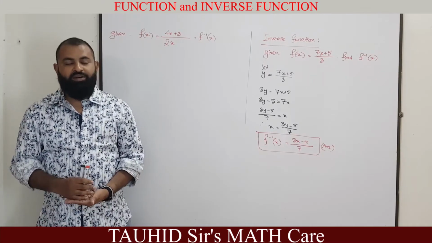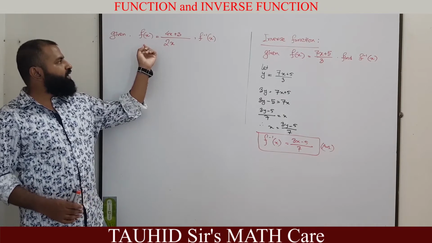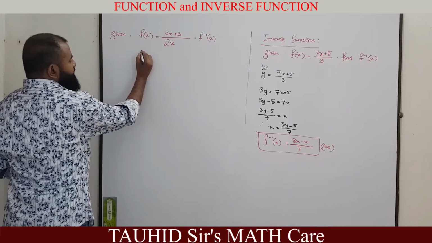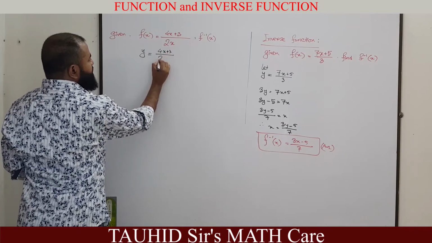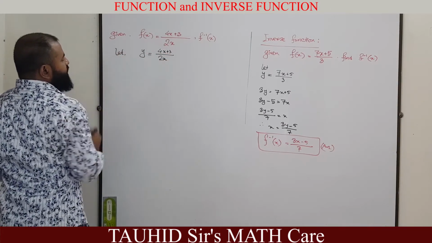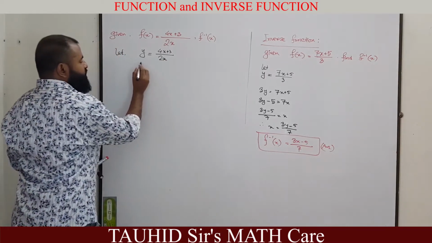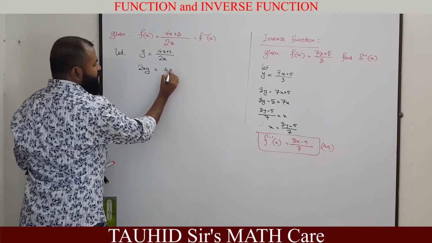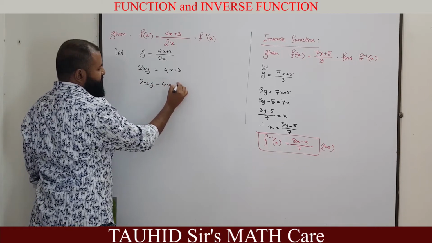Now, for better clarification, we will discuss another example. Given that f(x) = (4x + 3)/2x, find the value of f inverse x. In the same process, we will let y = (4x + 3)/2x. We will simply put a y in place of f(x). So, by cross multiplication, 2xy = 4x + 3. 2xy - 4x = 3.